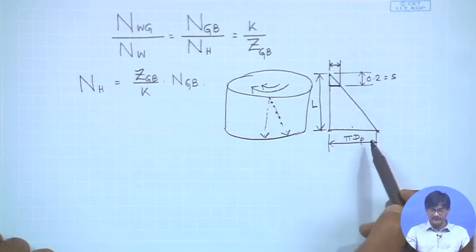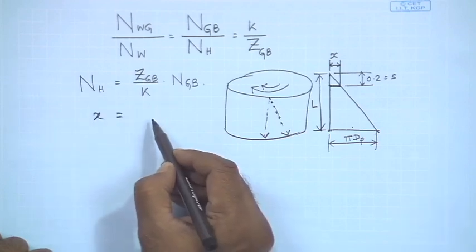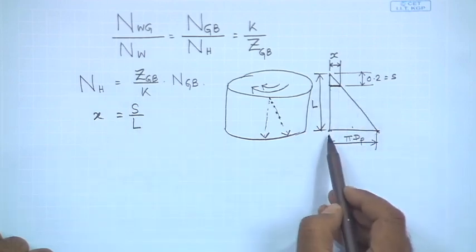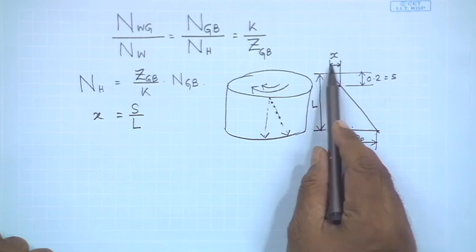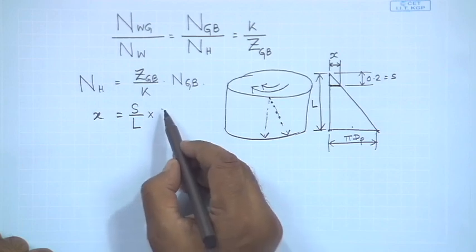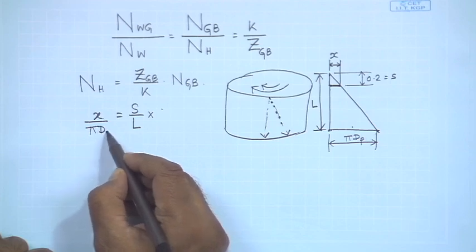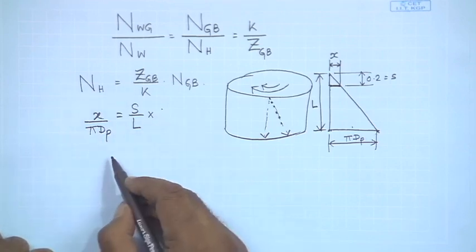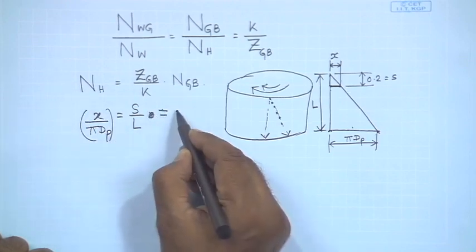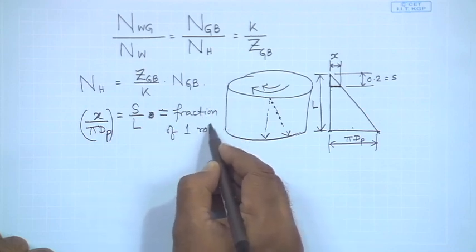So, from similar triangles we can easily find out this x amount of rotation must be equal to S by L. That is, x by pi dp is equal to S by L. So that means this is the actual fraction of one rotation.